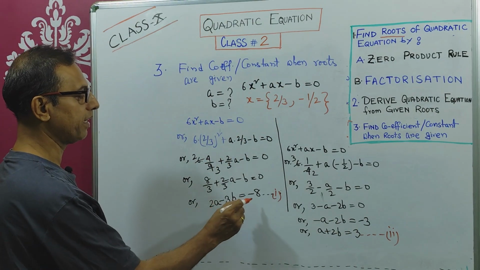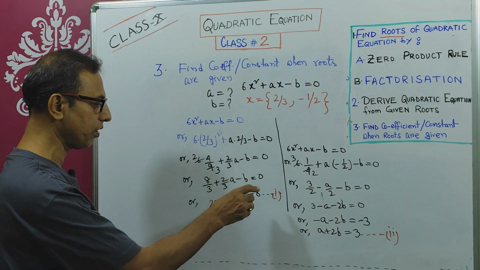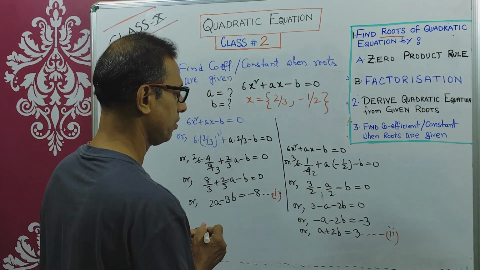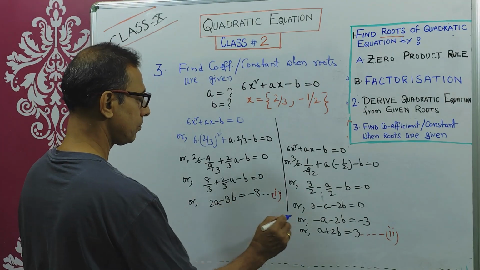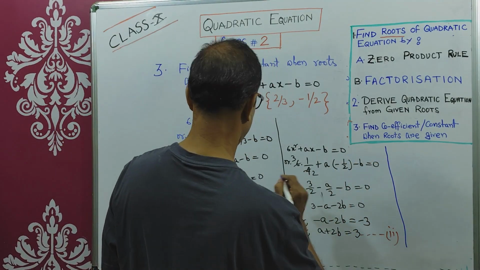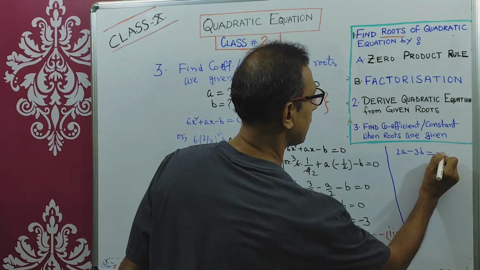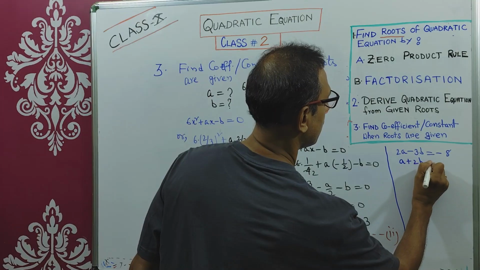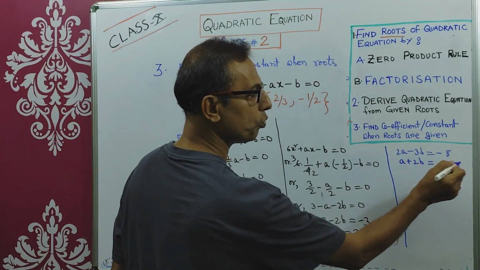Now if you have 2a minus 3b equals minus 8 and a plus 2b equals 3, you can easily find out both the values a and b, because you have already derived these two equations. Now I will write down here. 2a minus 3b equals minus 8, and a plus 2b equals 3.